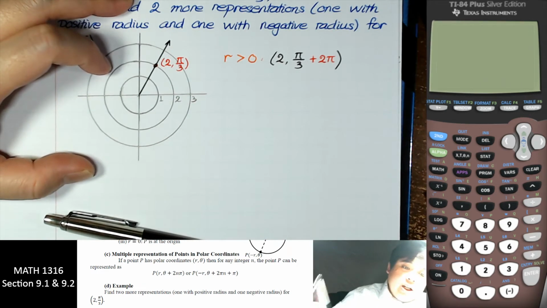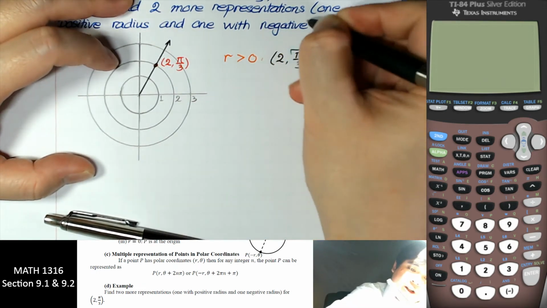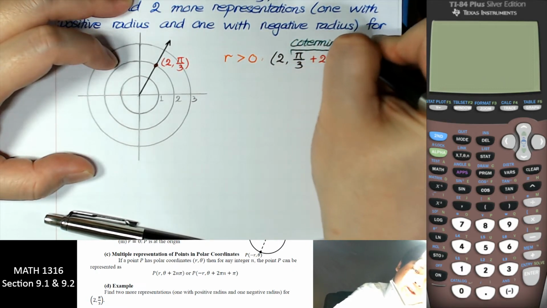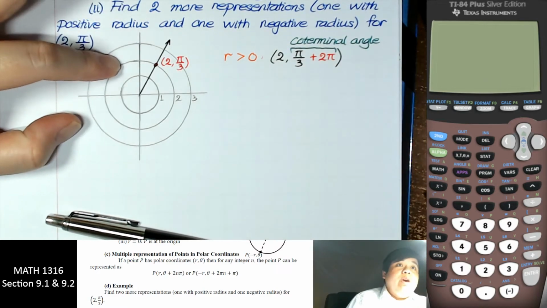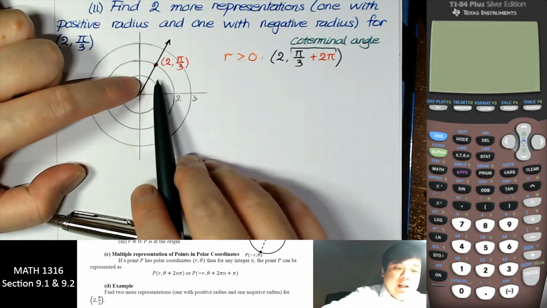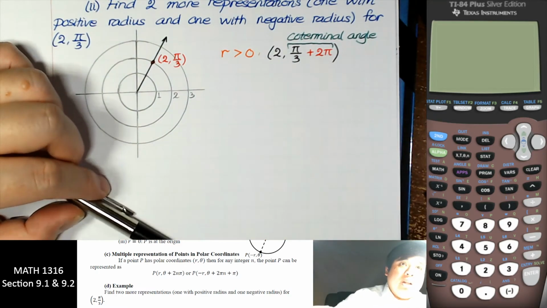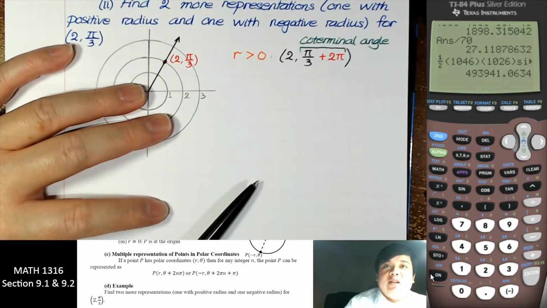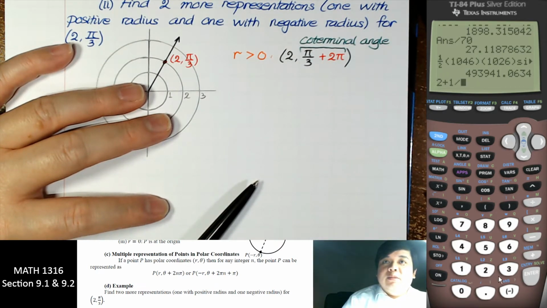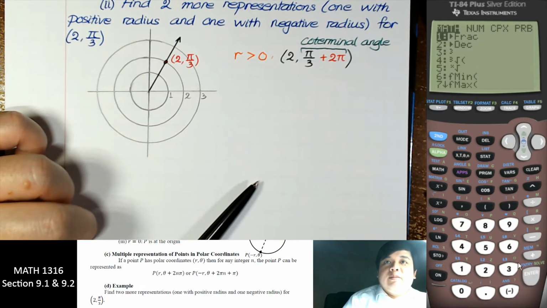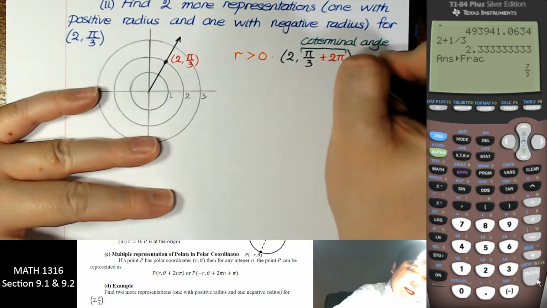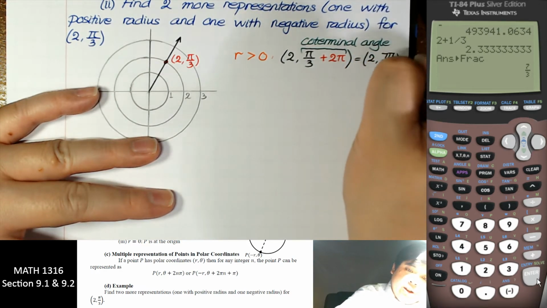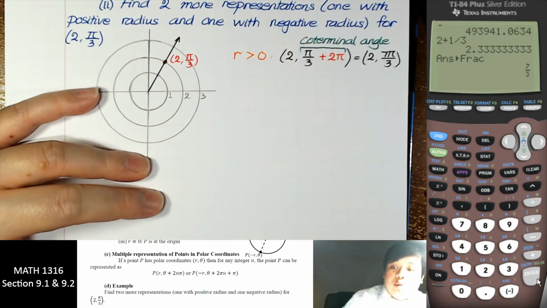When we add 2 pi to it, we have a coterminal angle, and coterminal angles have the same terminal ray. So we have the same point. So this is one representation. 2 pi plus pi over 3: 2 plus 1/3 is 7/3. So we can say (2, 7 pi over 3). That is where we choose r to be positive.